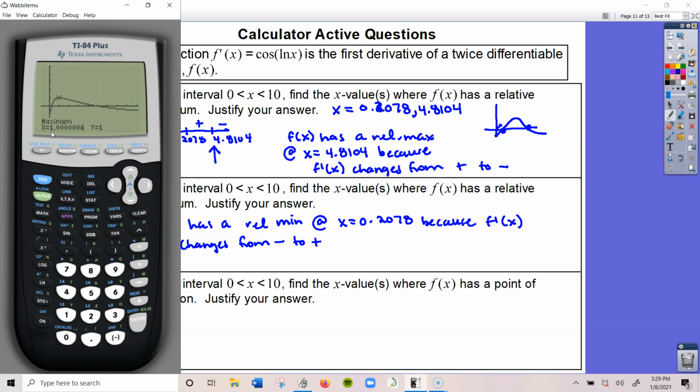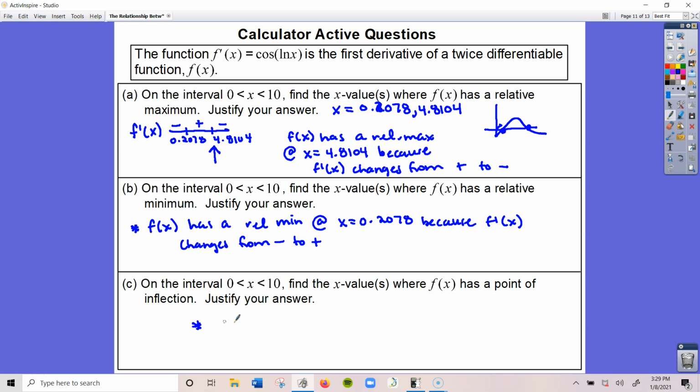So we would say f of x has a point of inflection at x is equal to 1 because f prime of x has a maximum.